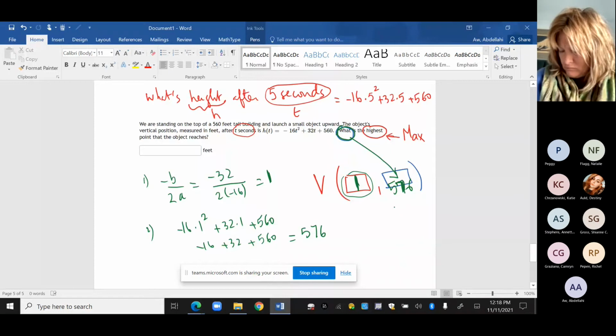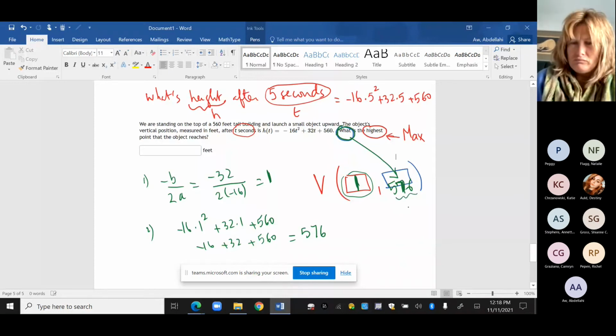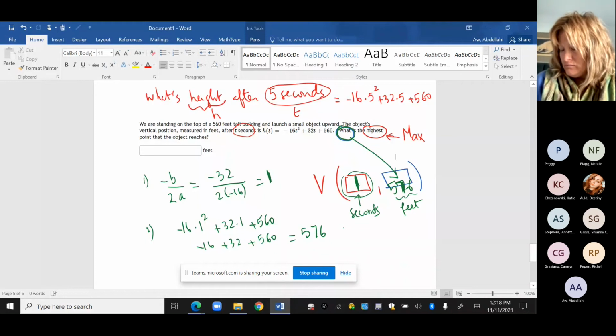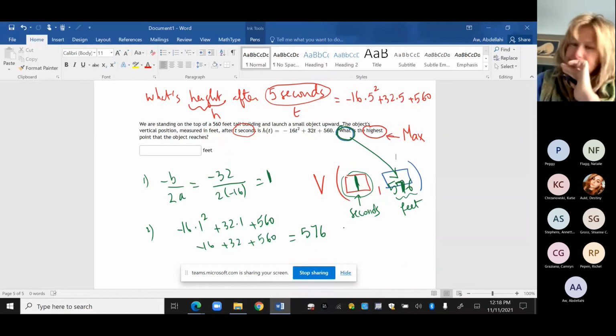This one is in feet, and this one is in seconds. The x coordinate is the time, the y coordinate is the height.